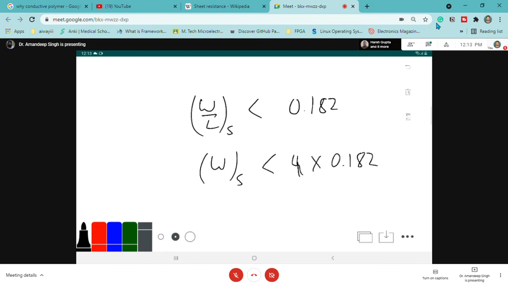Similarly for 5 also, L can be 4. So W5 is less than 0.728.